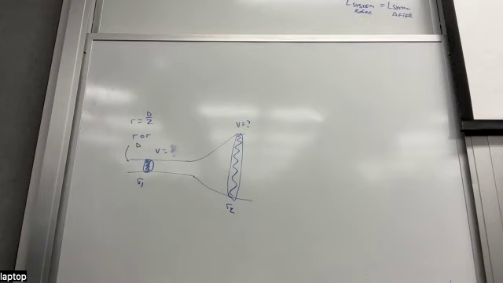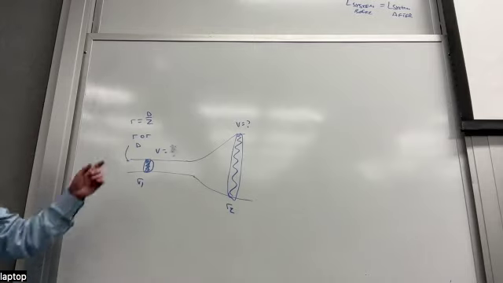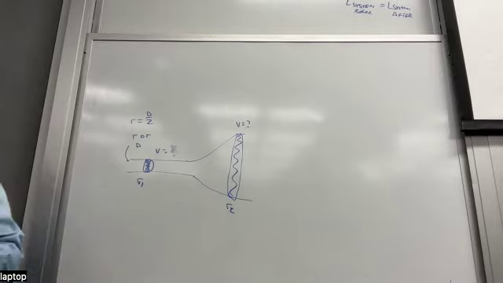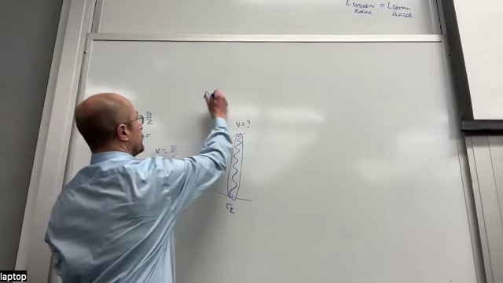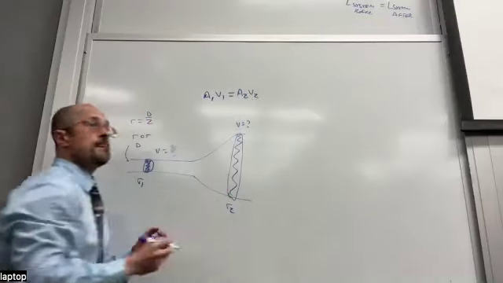You don't need to pull out Bernoulli's principle. The only time you have to pull out Bernoulli's principle is if they mention pressures. But if they just tell you velocities and radii or diameters, you can use continuity, because A1 V1 equals A2 V2.